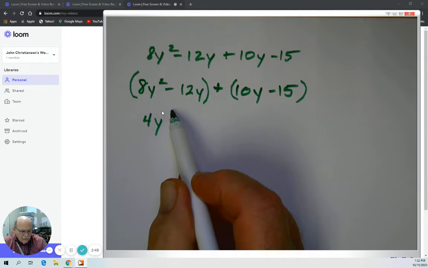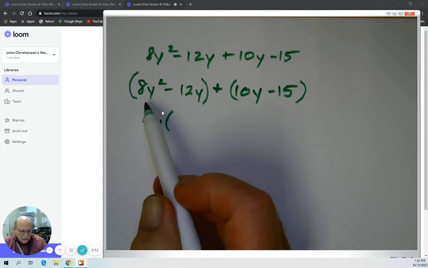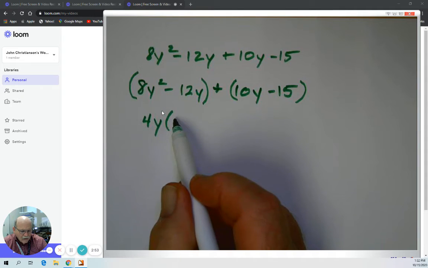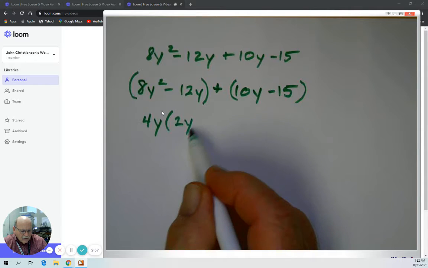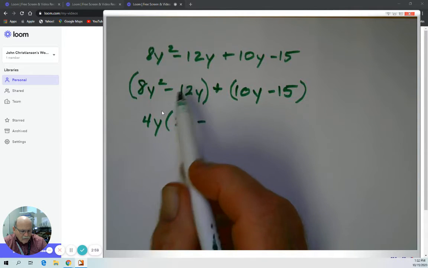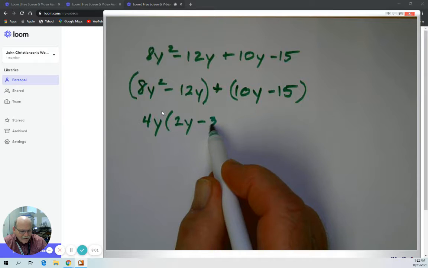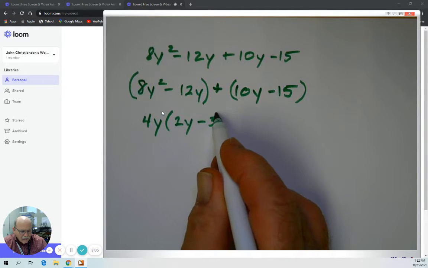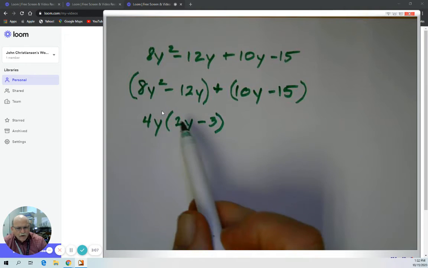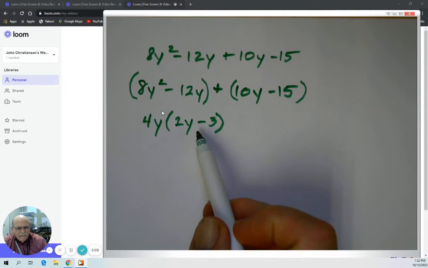So I'm taking the 4y, factoring it out, which means 8 divided by 4 is 2, y squared divided by y is y. And then minus 12 divided by 4, which is 3, y divided by y is 1. We don't have to write that there. And so this is our first side, factored.